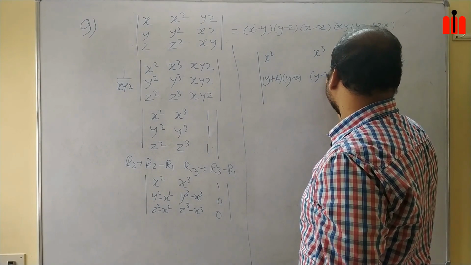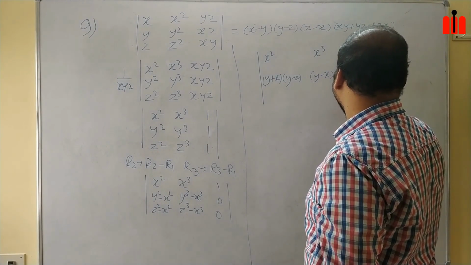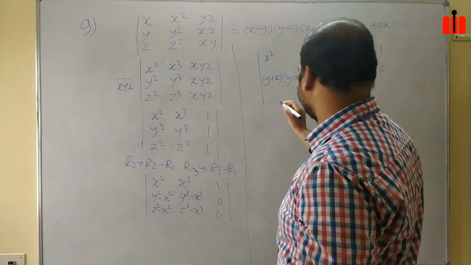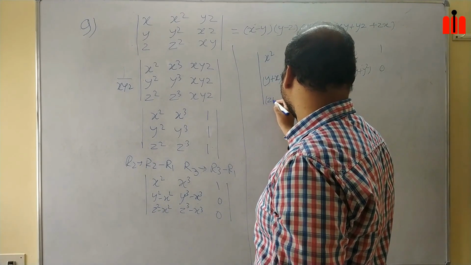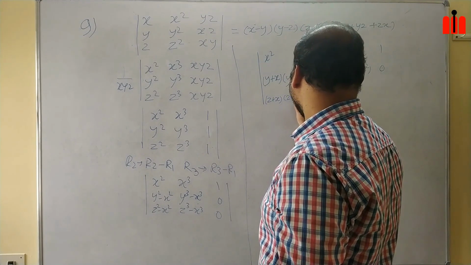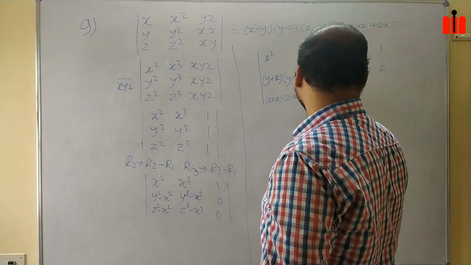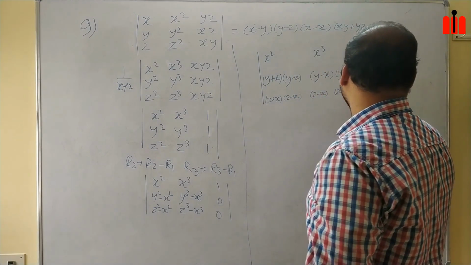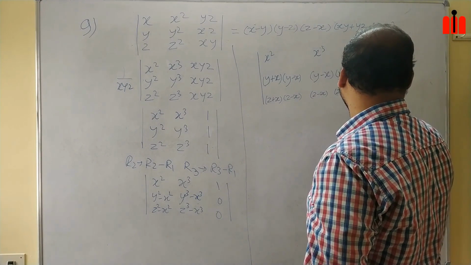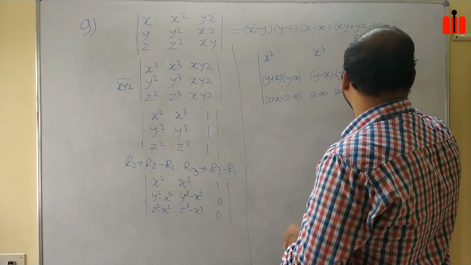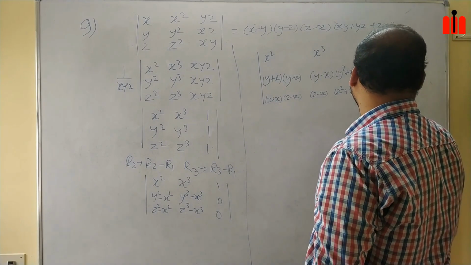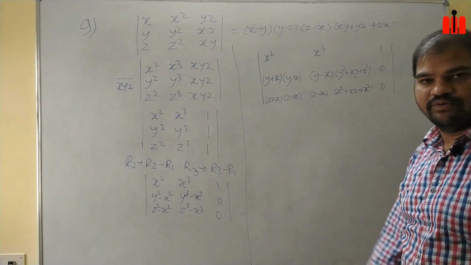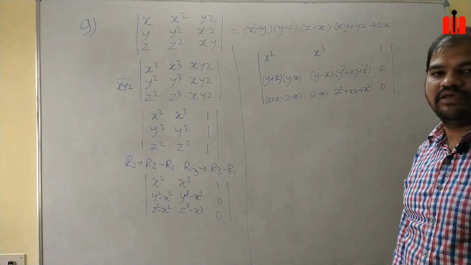So it will be y minus x, y square plus xy plus x square, 0. Here it is z plus x, z minus x, z minus x, z square plus xz plus x square. It is x square. Okay, and here it is 0. Okay, so this is the expansion of a cube minus b cube. It is a minus b, a square plus ab plus b square.